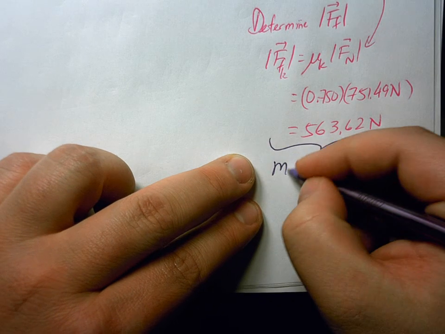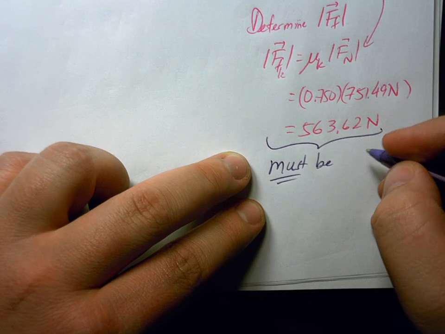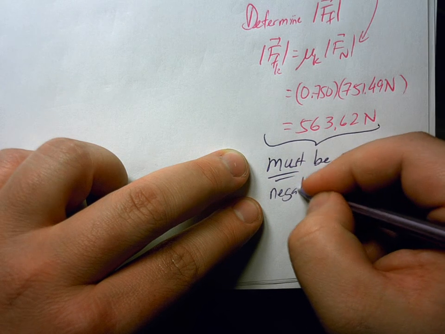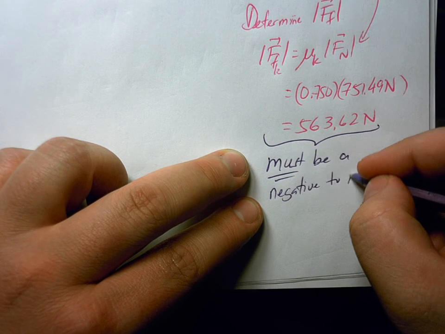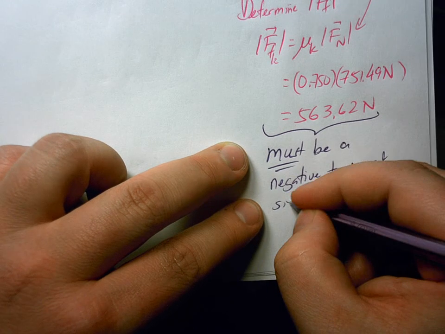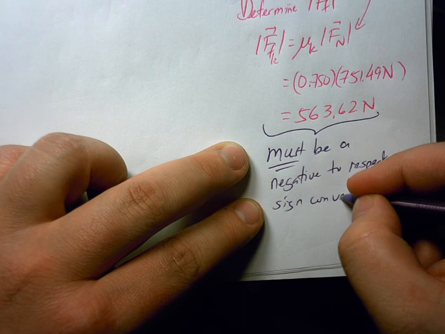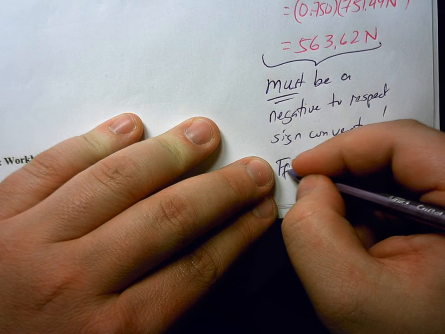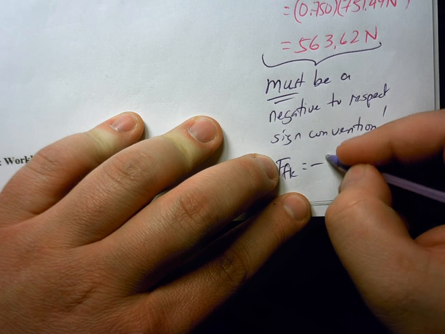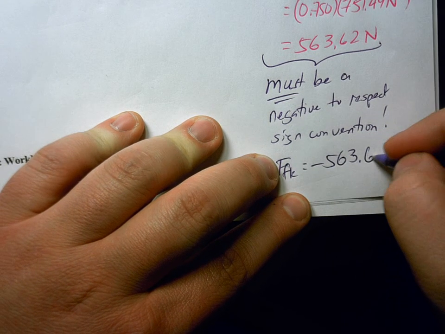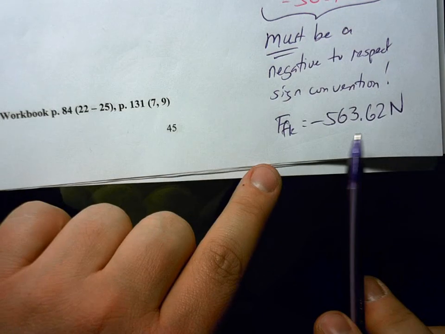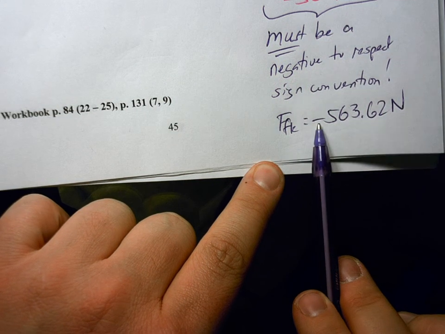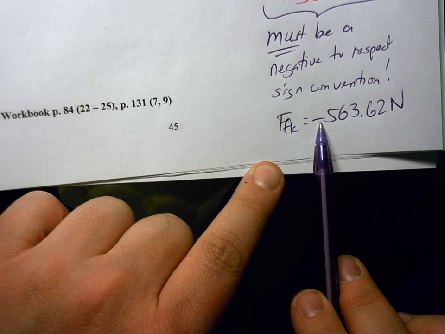So this must be a negative number to respect sign convention. So when we put this in, FFK, we're actually going to say it's negative 563.62 newtons. Because that negative there is telling us that this is acting down the plane.